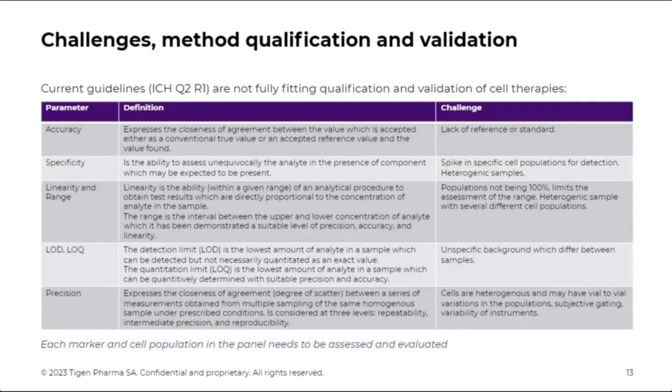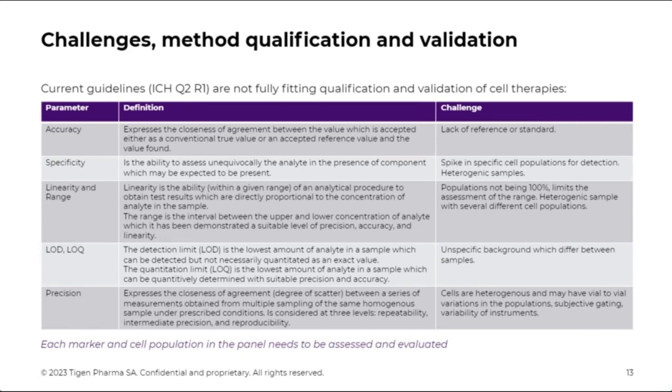This table on this slide, it's a lot of text. I'm not going to read all the text. I'm going to mention the most important things. But these are the parameters that need to be determined in the qualification and validation. The accuracy, that is, if you have 100% viable cells, is that what you also measure?